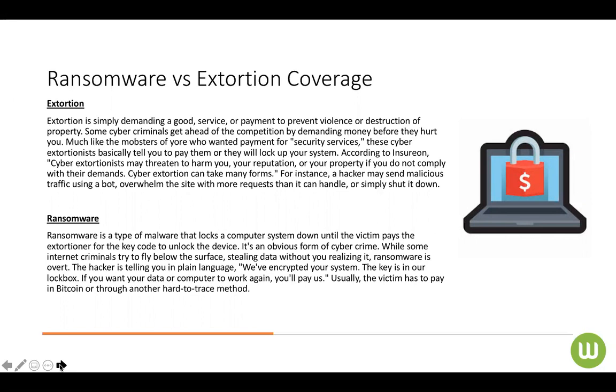Criminals can get ahead of themselves by demanding something before they've actually hurt you or hurt your client. There's different forms that this can take, and an example we've included here is a hacker might send malicious traffic using a bot to overwhelm the insured site, making it so that they maybe can't do business. But again, it's just the threat of the destruction or violence.